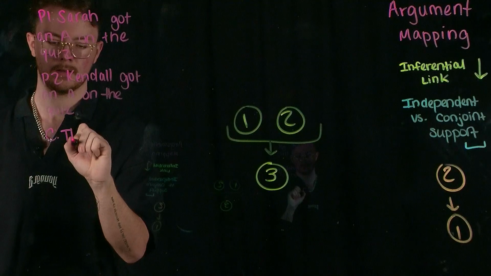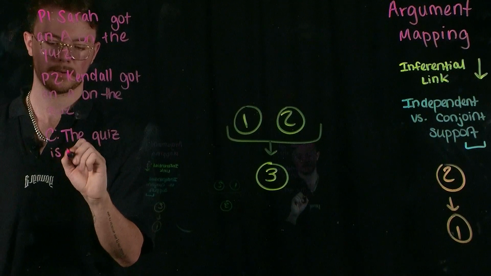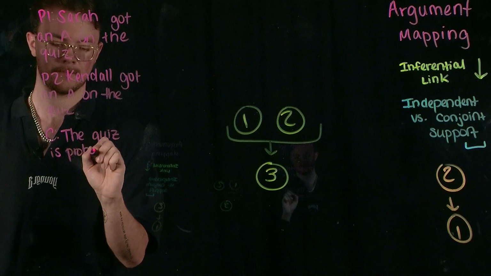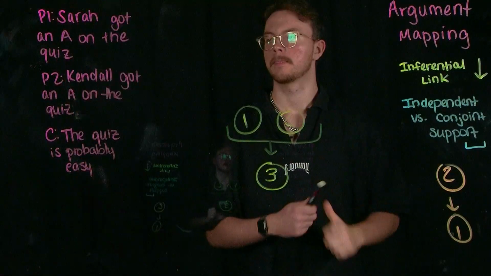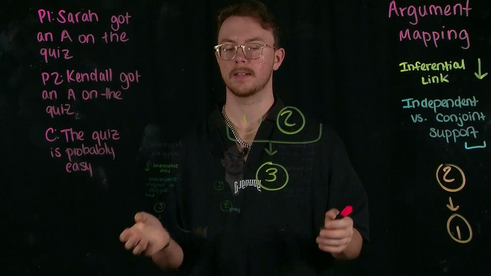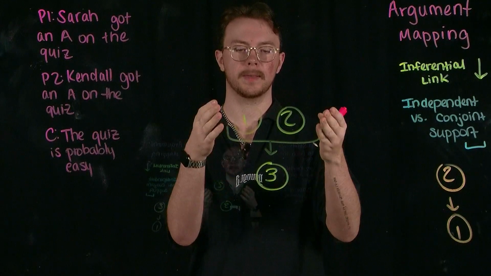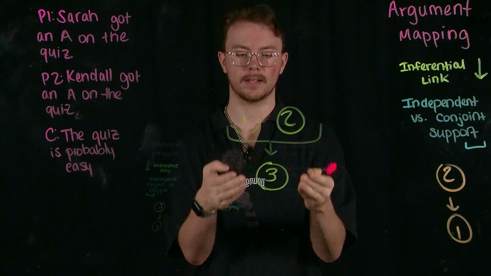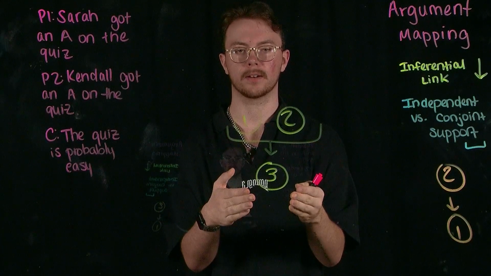Therefore, the quiz is probably easy. No offense to Sarah and Kendall. This is an inferential argument, right? I say that because this sort of argument we see in deductive arguments because they actually necessarily mean this point, and all of the reasons will have to work together.